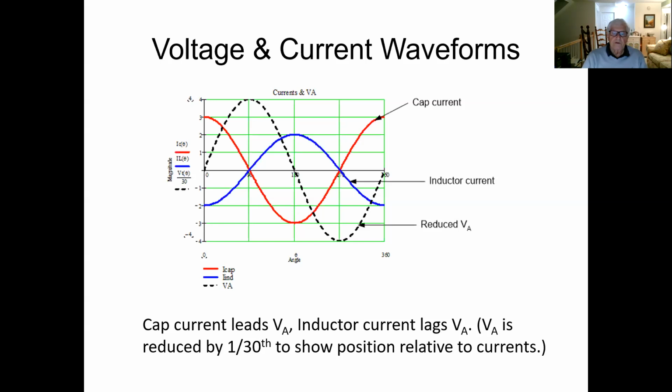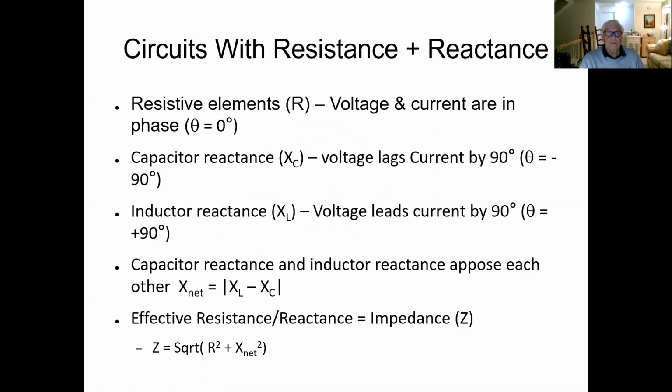It's very confusing, but in order to show them all on a certain figure, we had to reduce the applied voltage, to show it as a dashed line. But we've got our leading capacitive current and lagging inductive current. That's what that picture shows, the waveform.